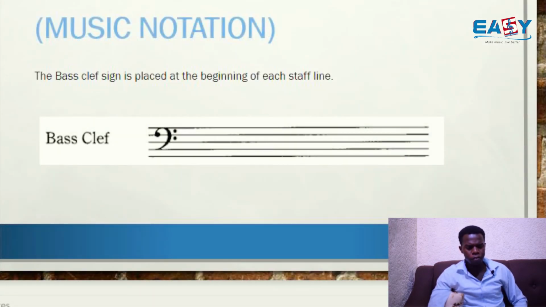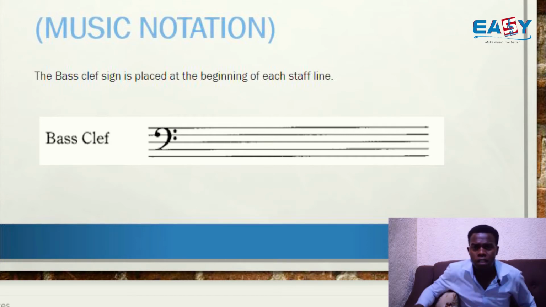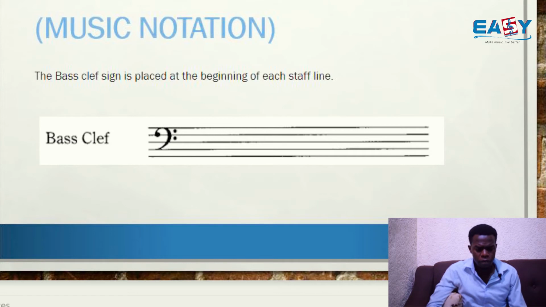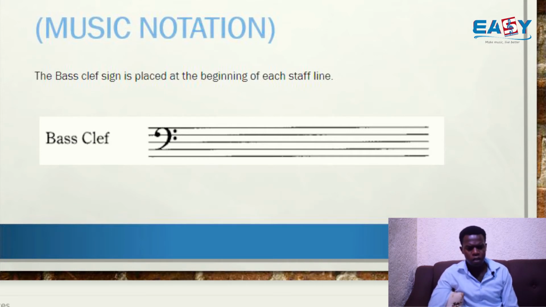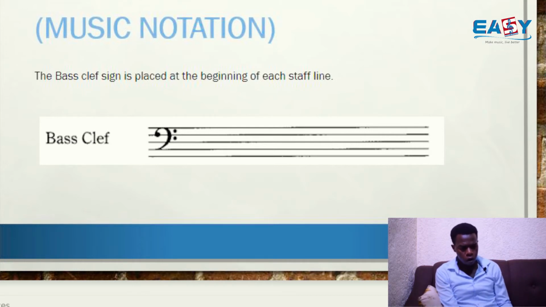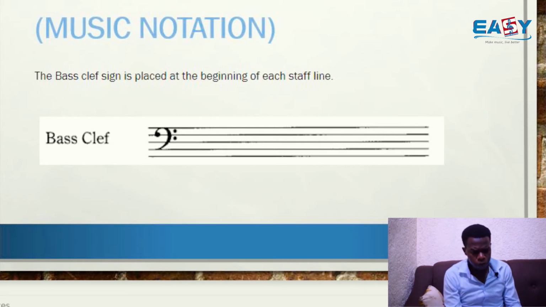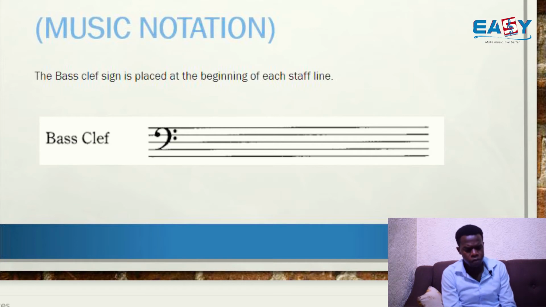At the beginning of a staff, more specifically the bass clef, we place something that looks like an inverse C with 2 dots.